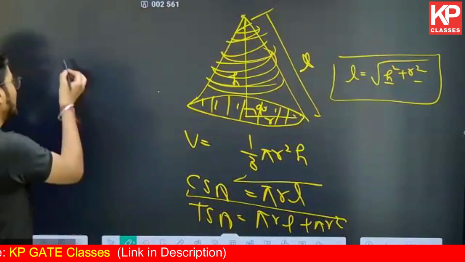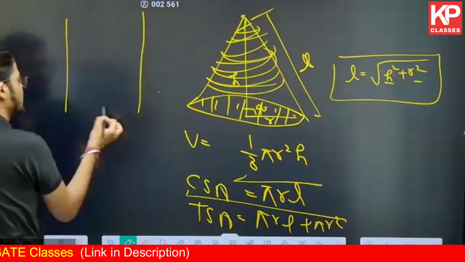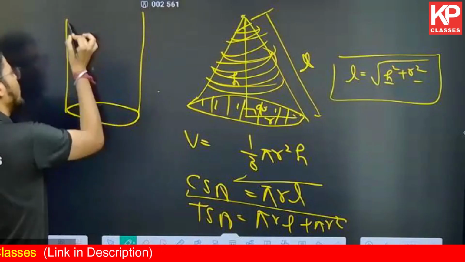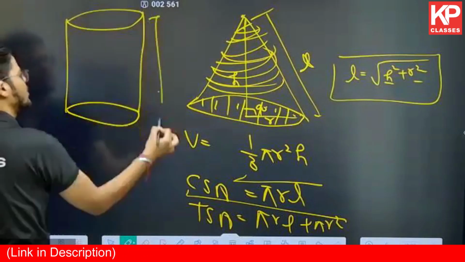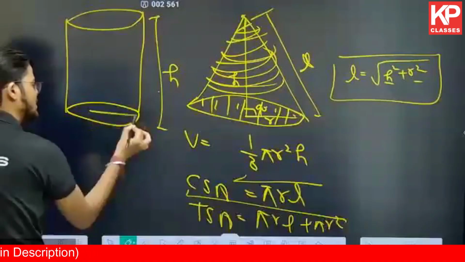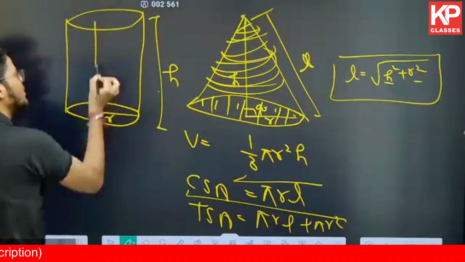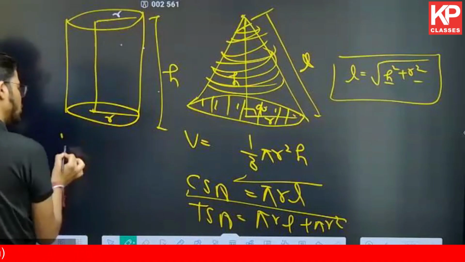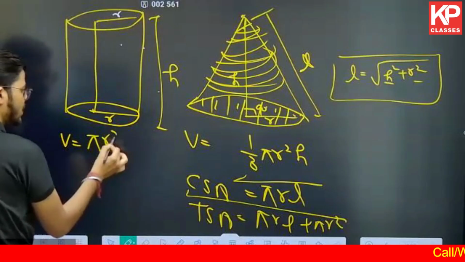Then there is one more figure, that is your cylinder. In case of a cylinder, this is the perpendicular height h and the base radius is r. The figure looks like this. Volume will be pi r square h.